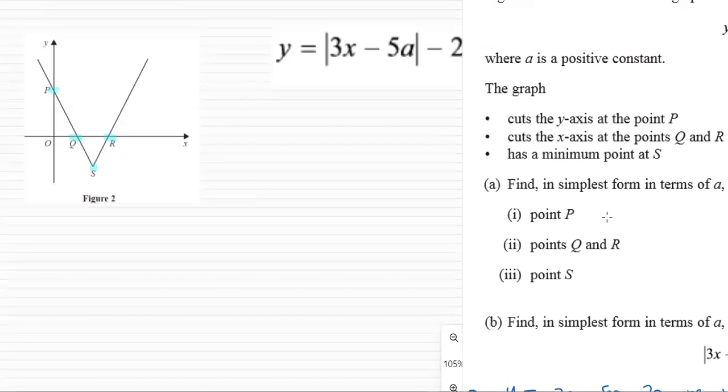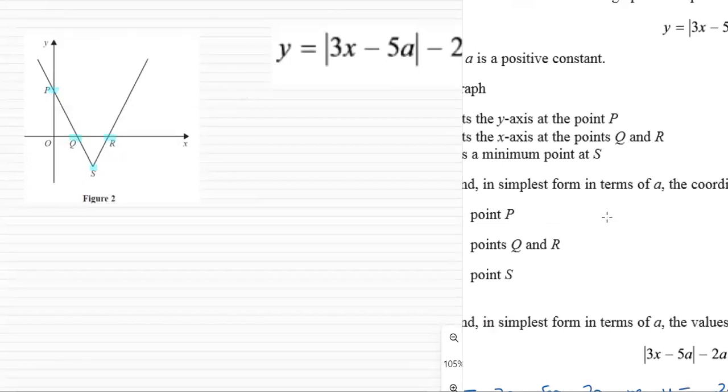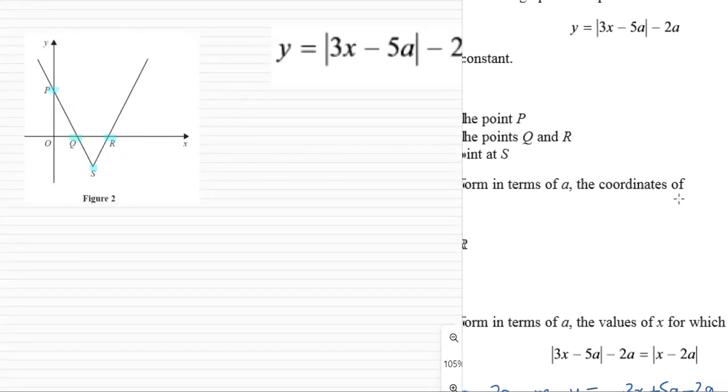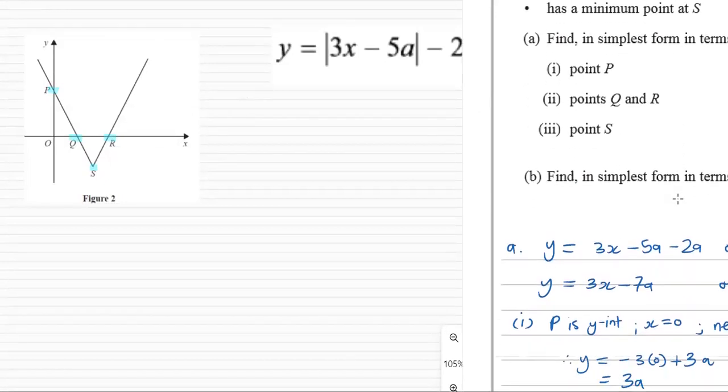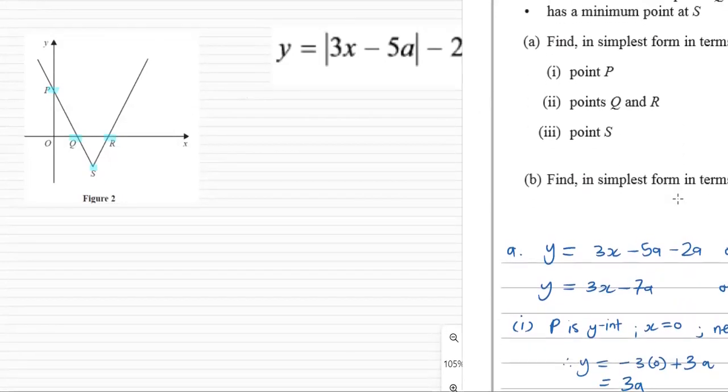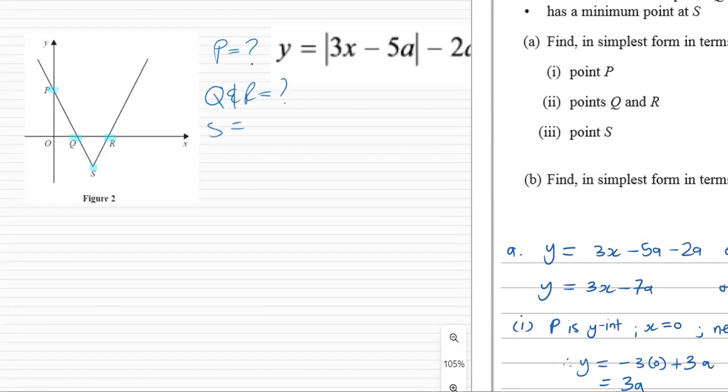The question says, find in the simplest form in terms of a, the coordinates of these points. First it wants point P, then Q and R, and then point S. So that's what we're going for.